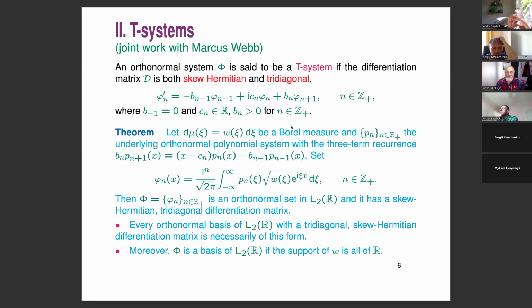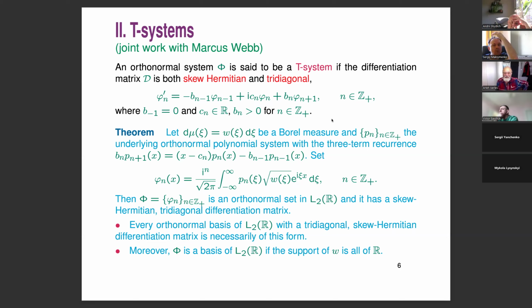And now the question is, first of all, are there systems like that? And more than this, given that we're greedy mathematicians, can we characterize all such systems? And the answer is yes.